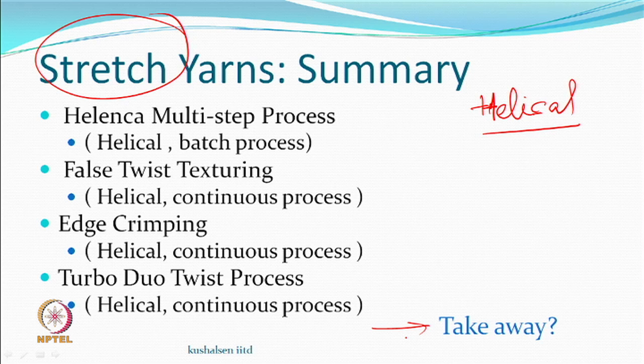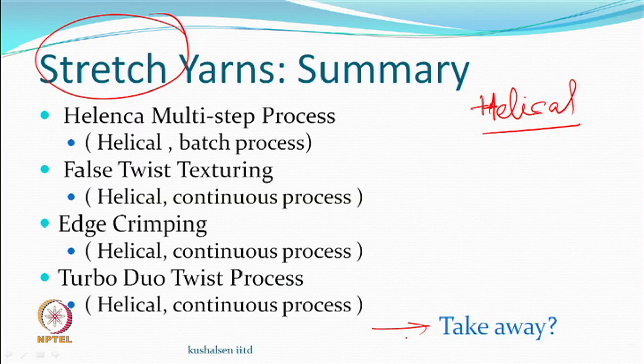Why? Because they will extend the maximum. You can get any structure, it does not matter. You disturb the yarn in one way or the other, you will get some structure, all right, not an issue. But you will not be able to get that much of a stretch which we are saying 300 to 400%. Now, how much stretch?